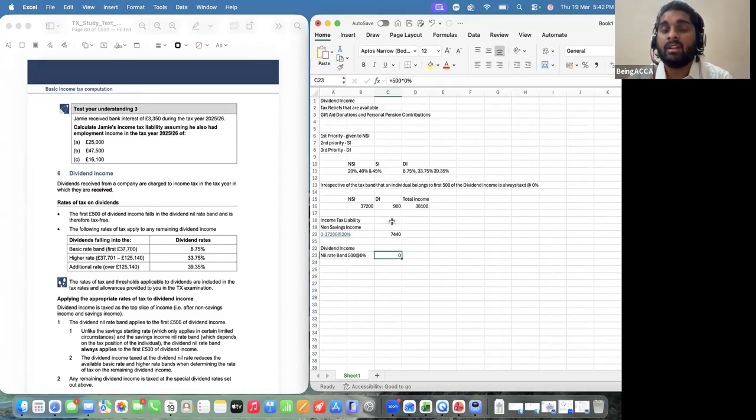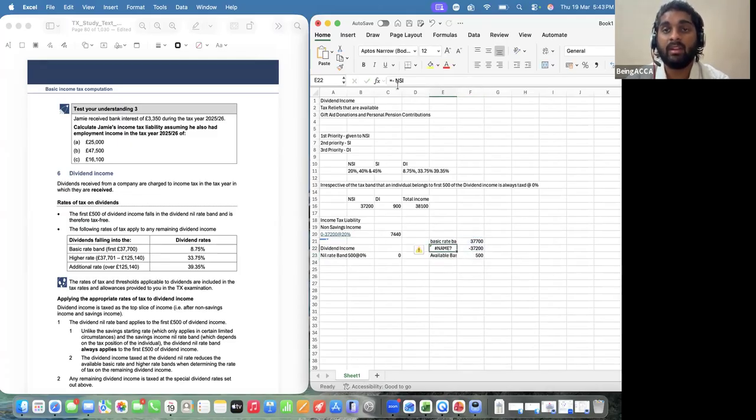Now what happened? The total basic rate band is 37,700. But of that, 37,200 has been utilized for non-savings income. That means minus non-savings income, minus 37,200, leaving the available basic rate band to be 500.